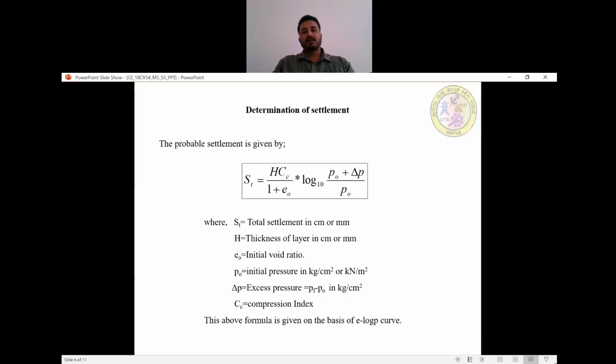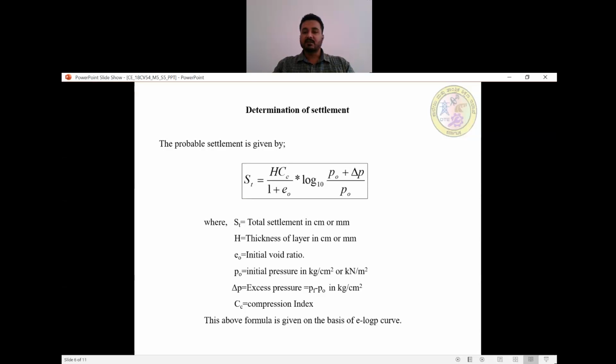Coming to calculation of settlement, the probable settlement can be calculated with the help of the equation St is equal to H into Cc divided by 1 plus e naught into log of P naught plus delta P by P naught to base 10. Here, St is the total settlement in centimeter or millimeter.